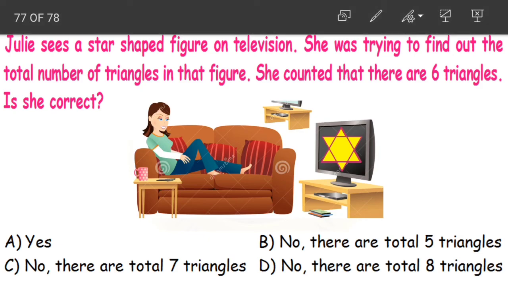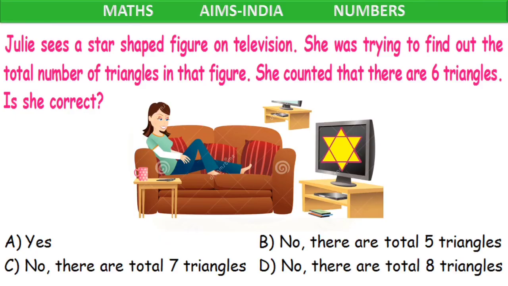The last question for today. Yes, this will be our last one. Julie sees a star-shaped figure on the television. She was trying to find out the total number of triangles in that figure. She counted that there are 6 triangles. Is she correct, children? See, what are they saying? Can you see the star on the television screen over there? Can you see it? Yes.